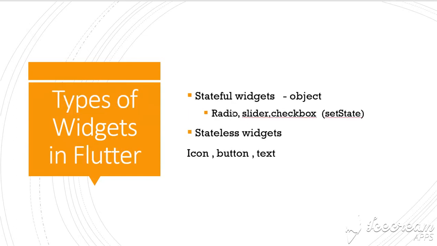For example, if the user interacts and changes the state of the radio button or a slider or a checkbox, then the setState function is going to be called in the background. It's going to set the state of this object, and then it's going to redraw these widgets on the rebuild. So that's how the whole stateful widget works.